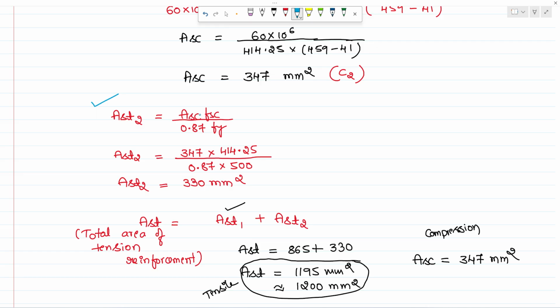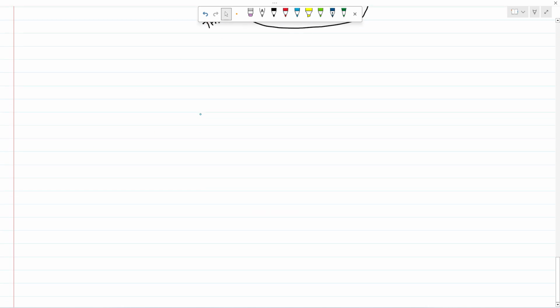Once you add AST1 plus AST2, you will get total area of tension reinforcement. Okay, so this is your IS 456 method. The same problem can be solved by using SP16 method. So now we shall discuss SP16 method.